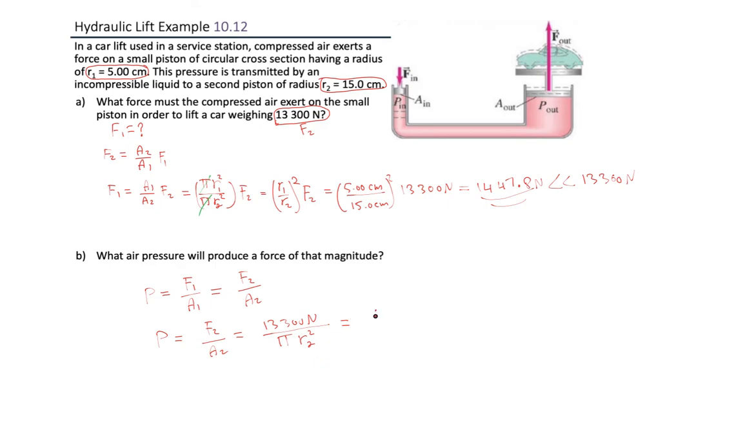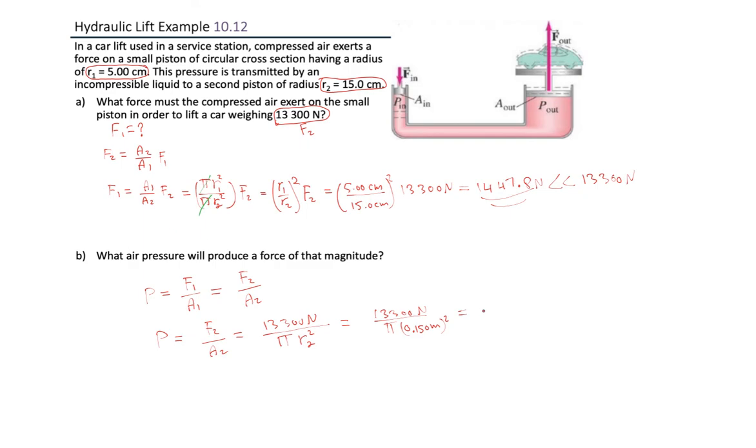So this will be 13,300 newtons divided by pi times R2, R2 is 15 centimeters, so that is 0.150 meter, squared. Pi times 0.15 squared, and we get this number.